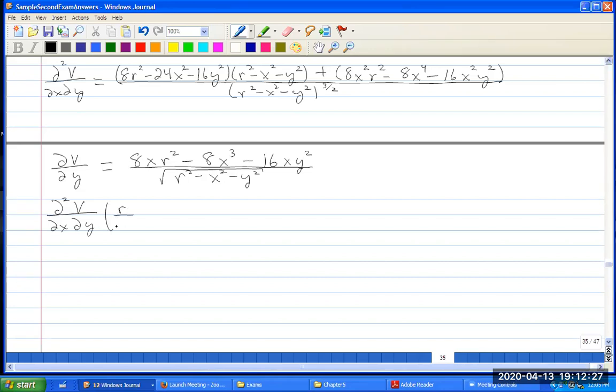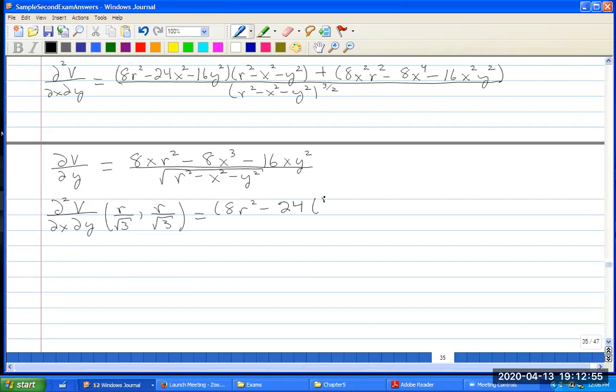So r over rad 3, r over rad 3. Okay, so let's plug that in. So I get 8 r squared minus 24.